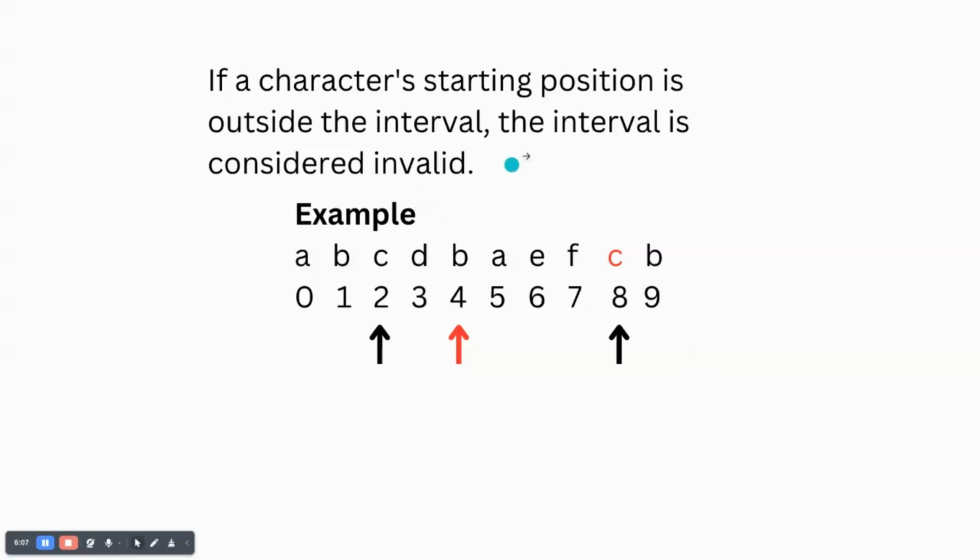If a character's starting position is outside the interval, and we are checking for B for now, and we see that the first occurrence of B is actually at 1, then we consider the interval to be invalid because we already counted or stored the interval that starts at B. That's how the sliding window works. We cannot go back. We just move forward.